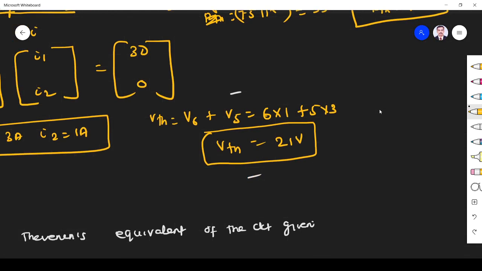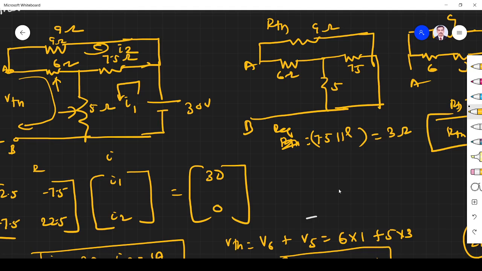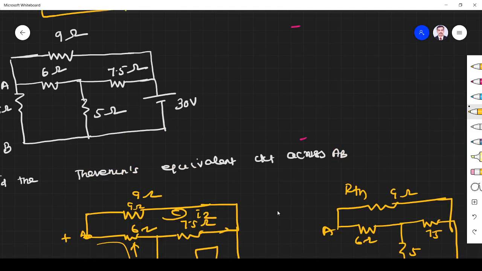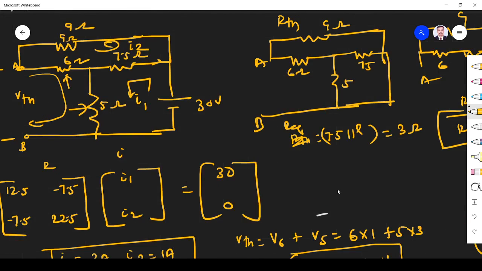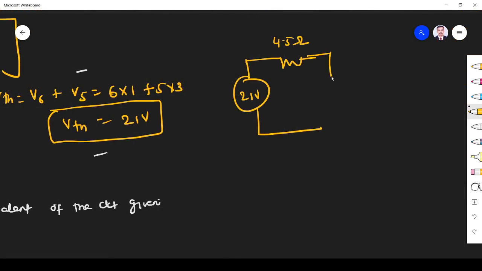So the circuit is replaced by VThevenin 21 volt, RThevenin 4.5 ohm. The load resistance is across AB. What is the load resistance as per the problem? 1.5 ohm.